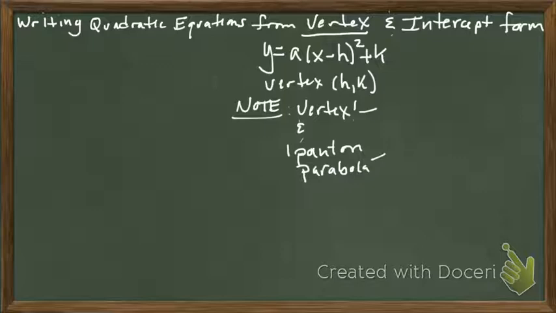The other form we're going to do in this video is intercept form, which you need to recall is y equals a times x minus p times x minus q.